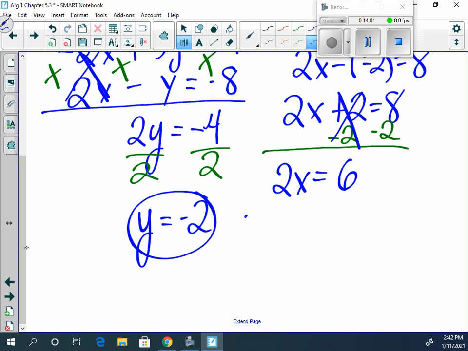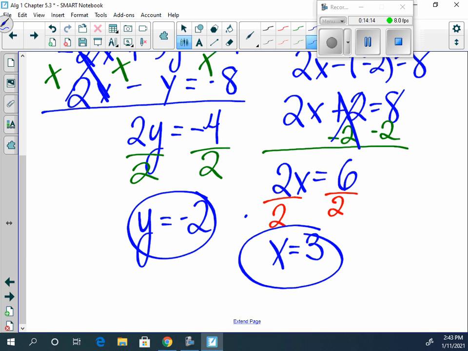And last but not least, we need to divide both sides by 2, which tells us x is equal to 3. So our point for this here is 3 comma negative 2.